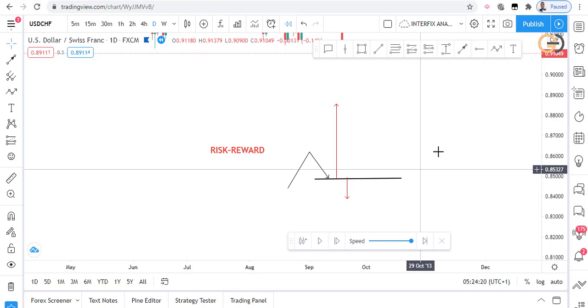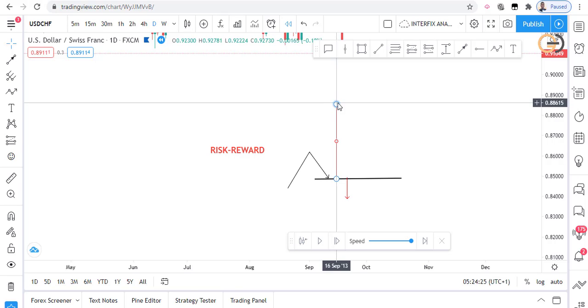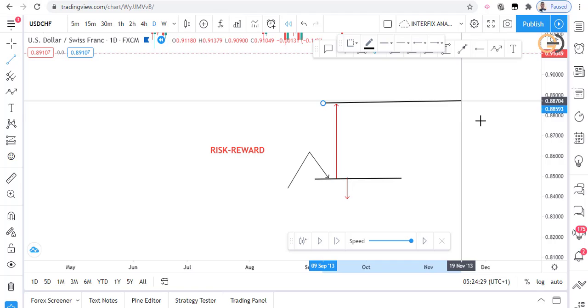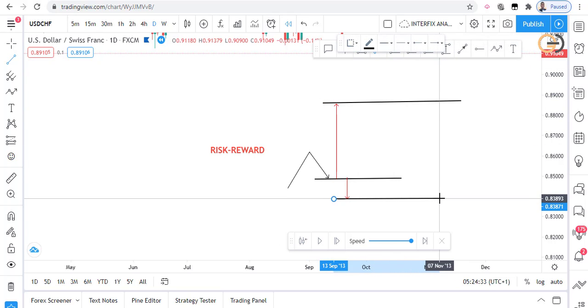So for every trade you take, you must determine where you will take your profit and where you will opt out of the market if the market goes against you.